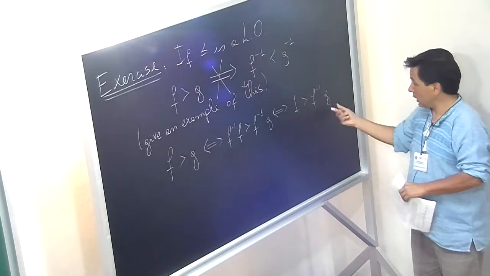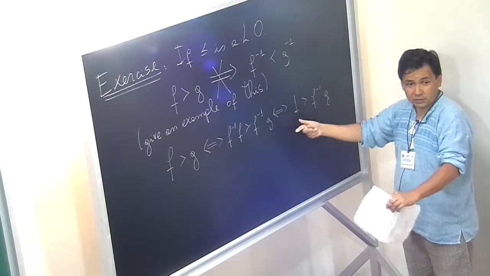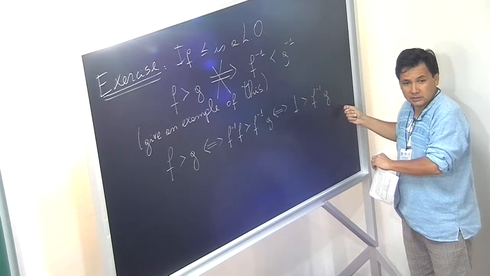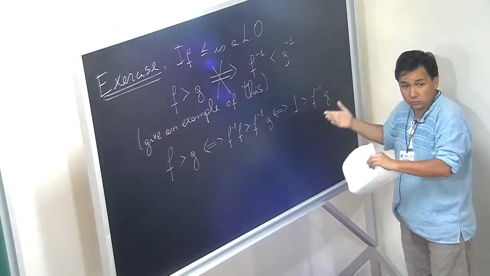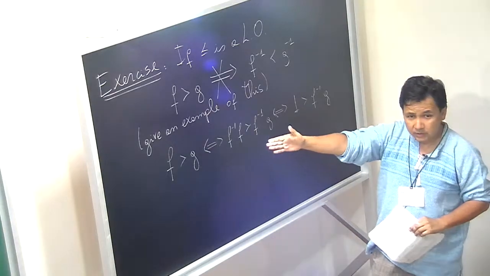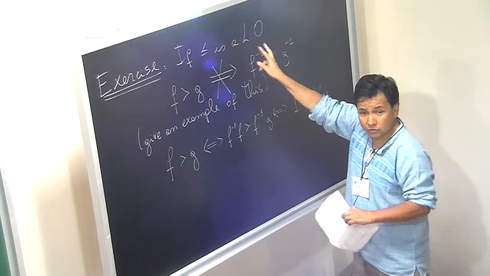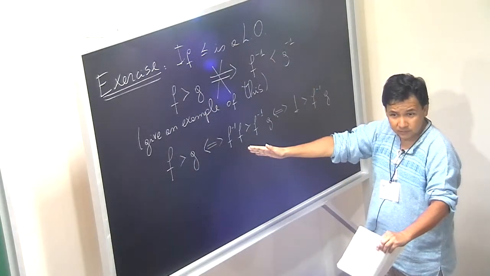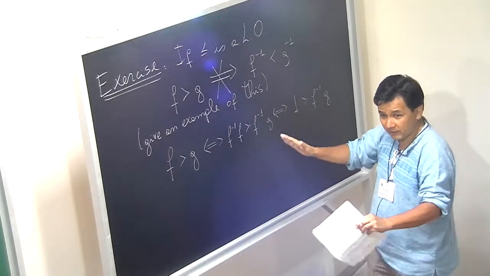But if you want to pass the g to the other side, you have to multiply on the right. So you can do that if you have a bi-order, but if you only have a left order, you are not allowed to do this. This is at the level just of the definition.